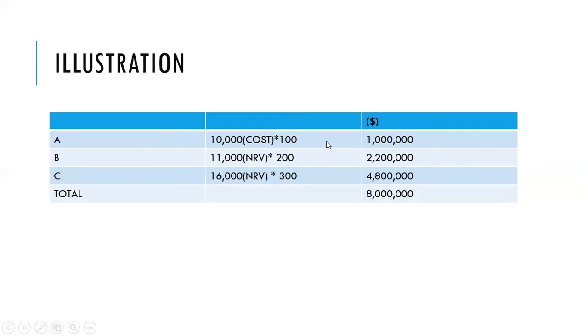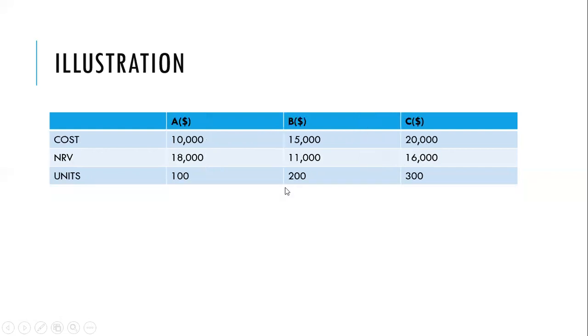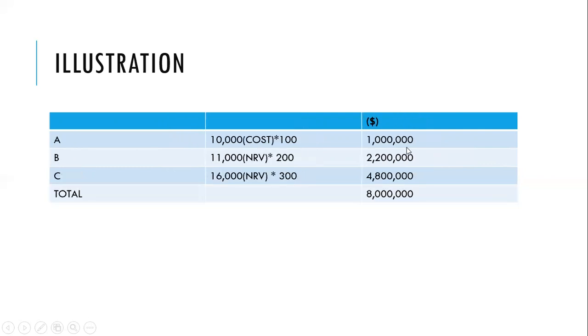Multiply by the number of units, so you get 2.2 million. Then for the third product C, we pick 16,000, which is the NRV because it's lower than the cost. So 16,000 times 300 units this time around gets 4.8 million. So we can add the valuation of A, B, and C together, and that will give you 8 million. So this is how it works out.